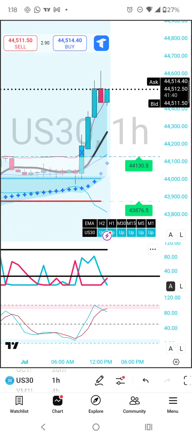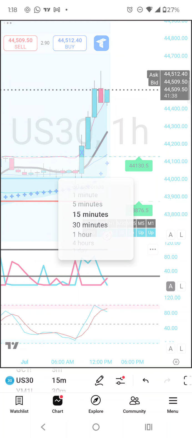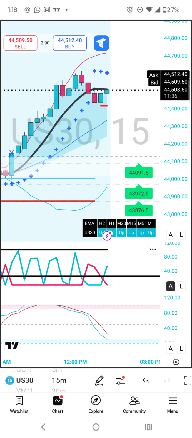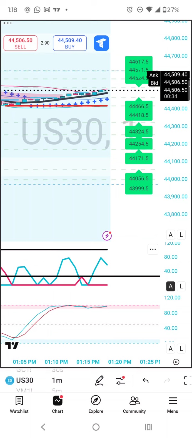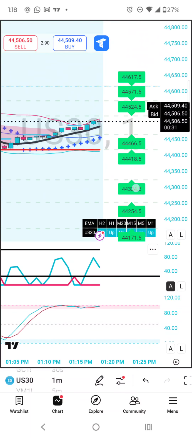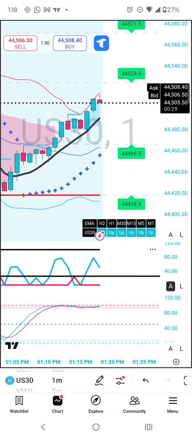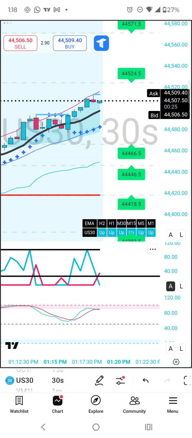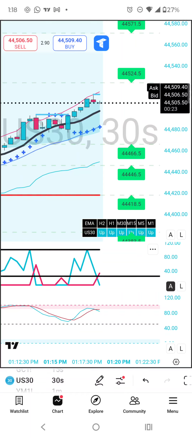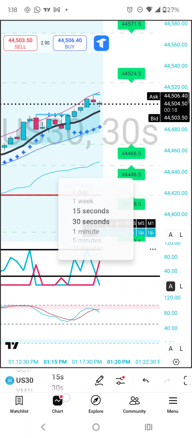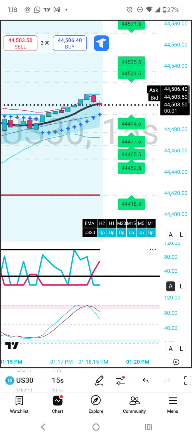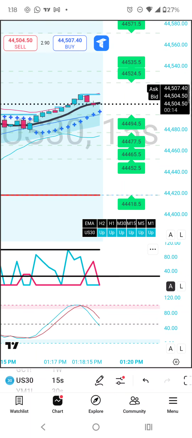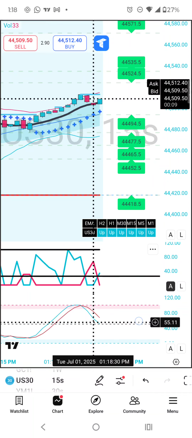So there it goes. There it goes. I just want to be more comfortable by having this a little further away from overbought.